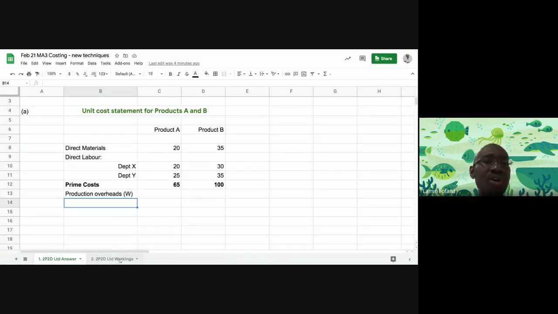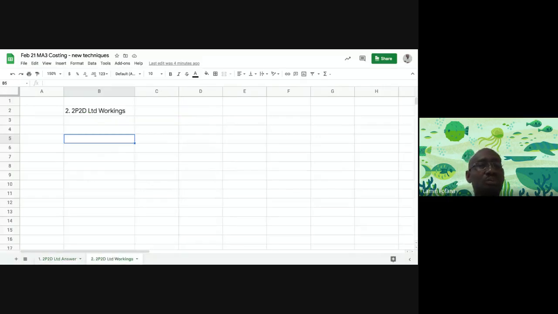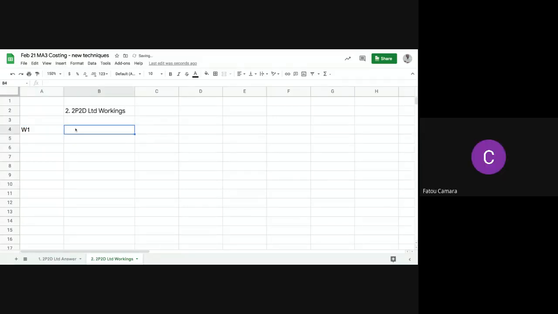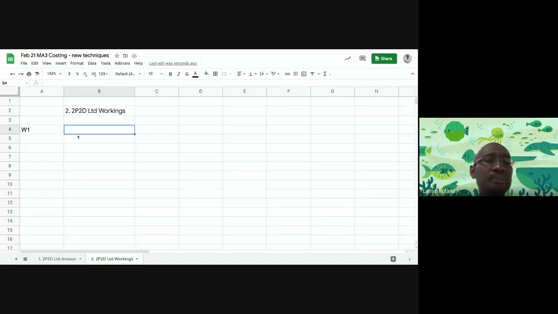So now, in order to calculate our OAR, what formula are we going to use? So we'll have W1. What formula are we going to use?